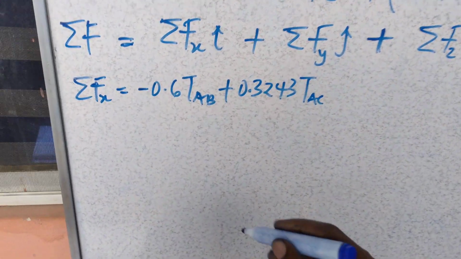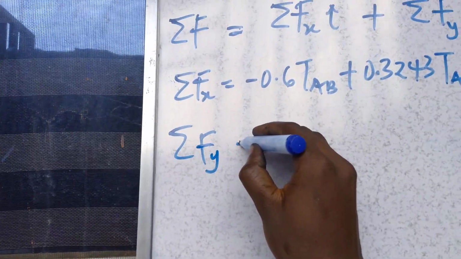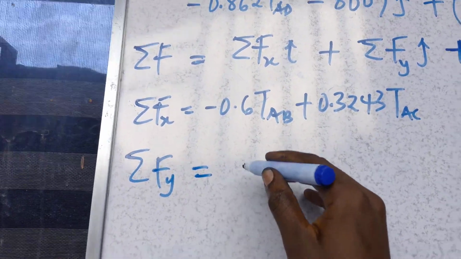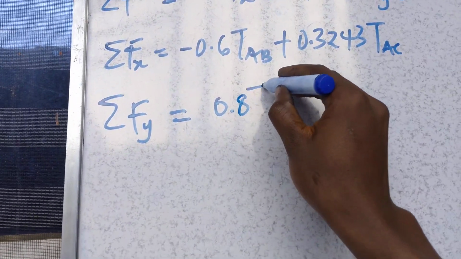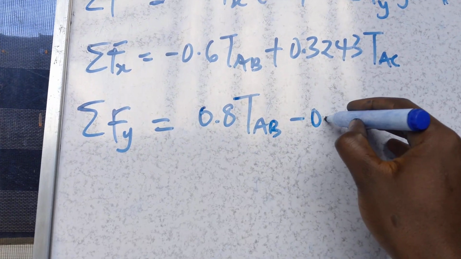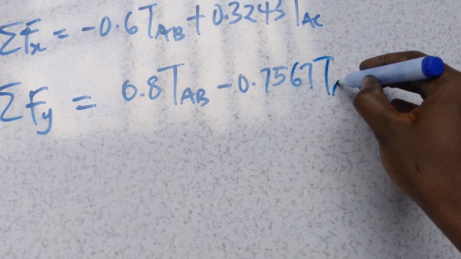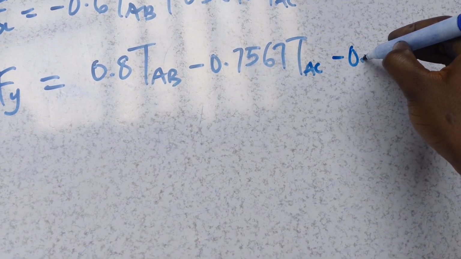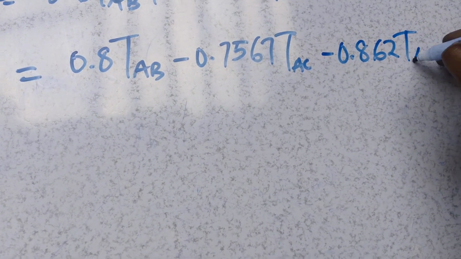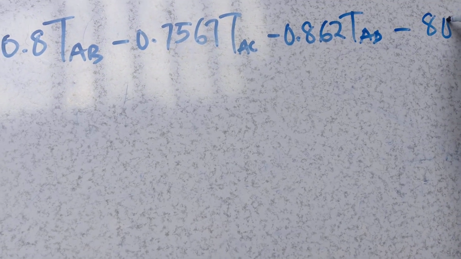Sigma Fy will be equal to 0.8 TAB minus 0.7567 TAC minus 0.862 TAD minus 800.